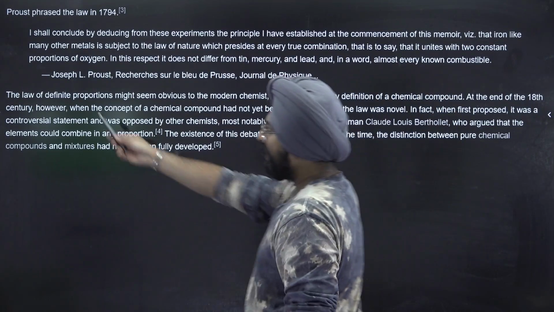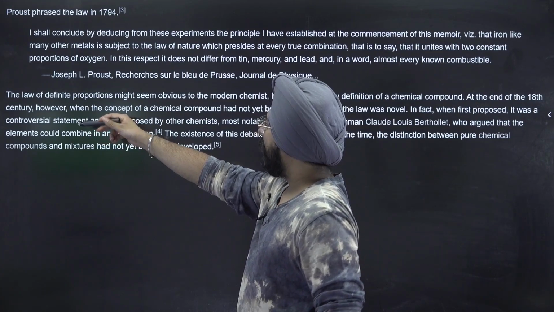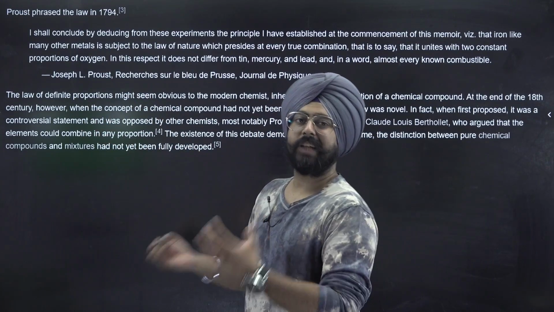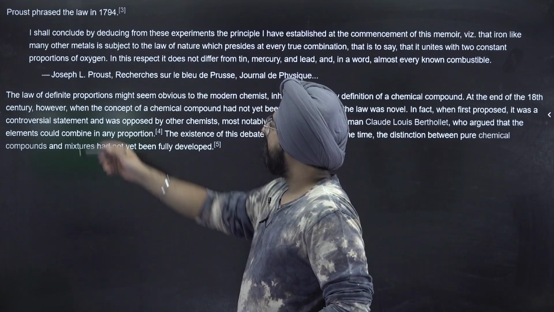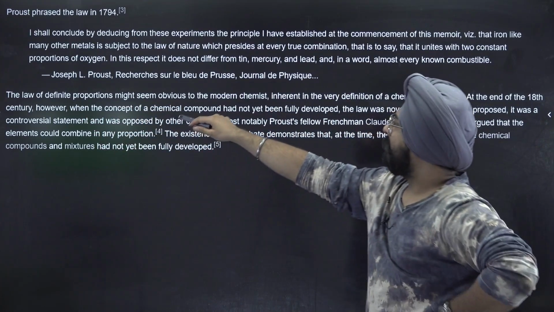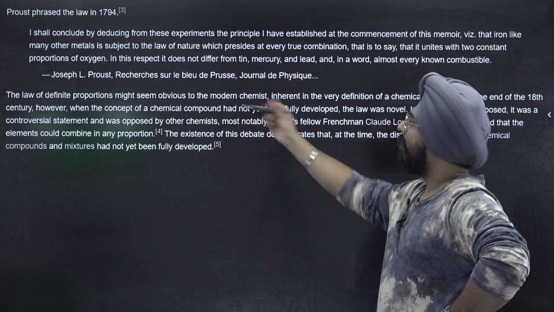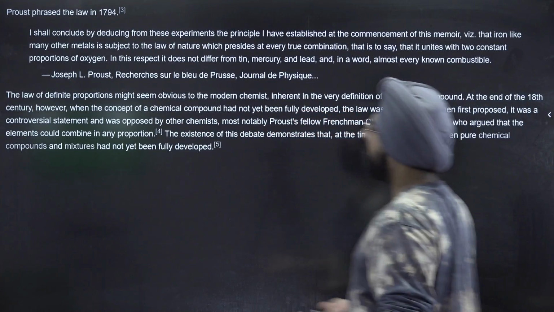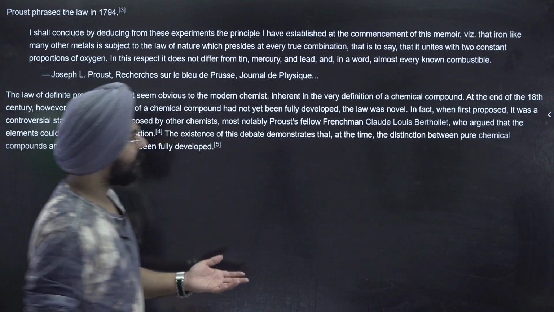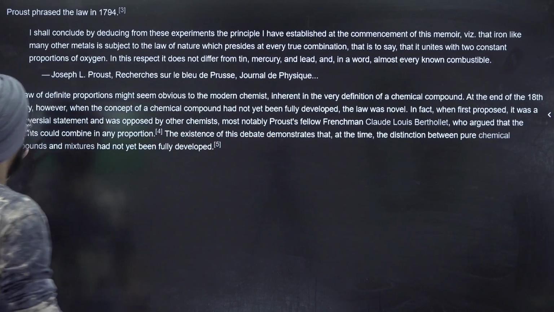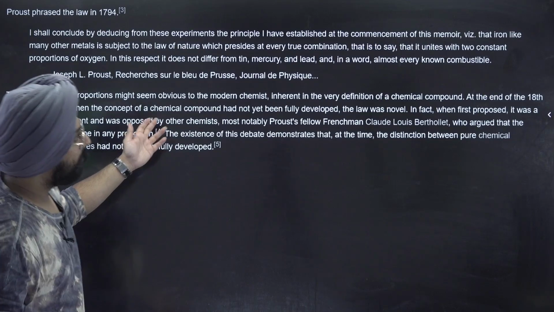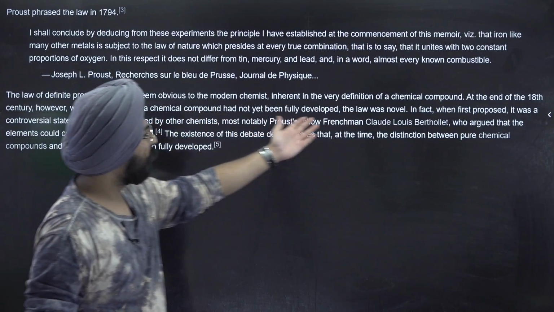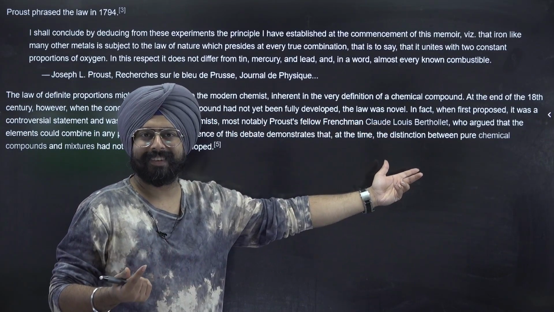Okay, it's written on Wikipedia, and this is just for the sake of science. We're studying it for the sake of science, man. The law of definite proportions might seem obvious to the modern chemists. It seems obvious to us, inherent in the very definition of a chemical compound. But at the end of the 18th century, when the concept of a chemical compound had not yet been fully developed, the law was novel.